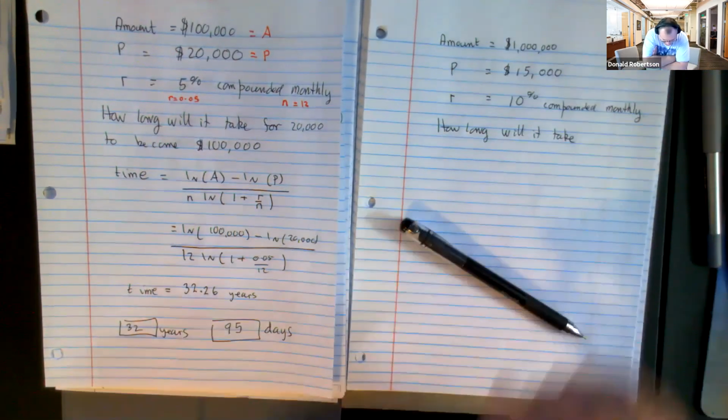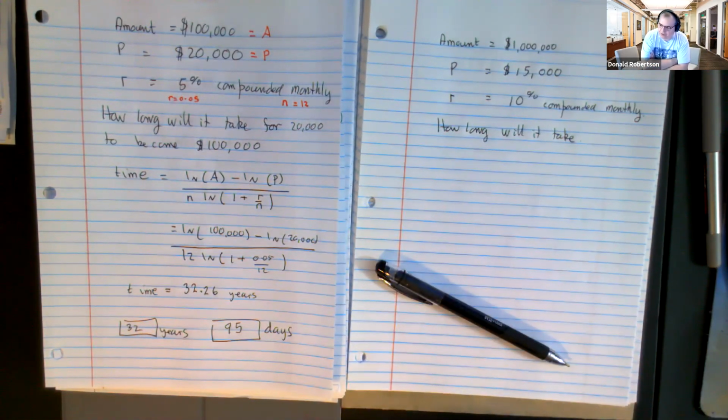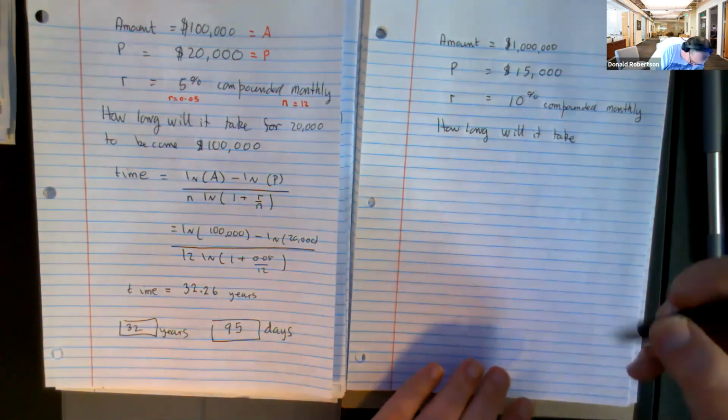Do you think I'm going to be alive at the end of that? Do you think 15,000 turning into $1 million will just take too long? 150 years, nobody's going to survive it. Or do you think I might be able to make it? What do you think? Any gut feelings? Let's find out.